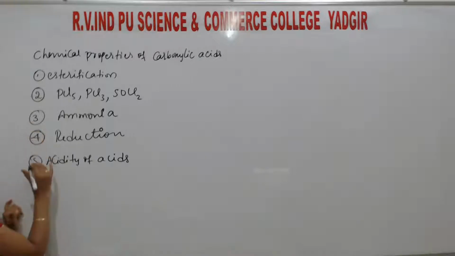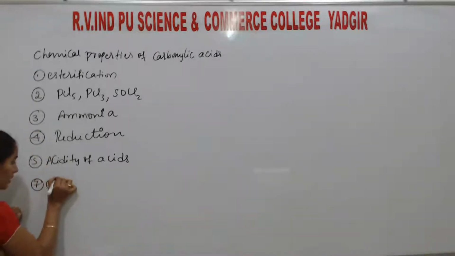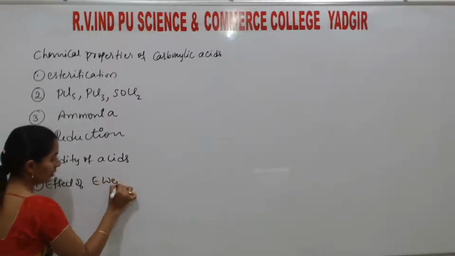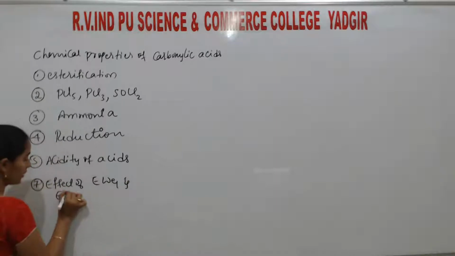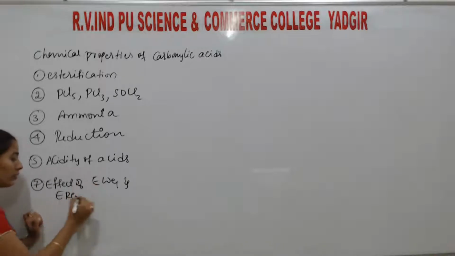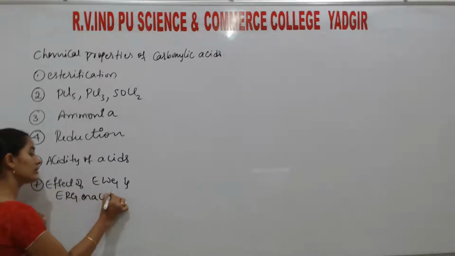Okay, this is for the aldehyde compound. Later I will explain. Effect of electron withdrawing group and electron releasing group on acidity.